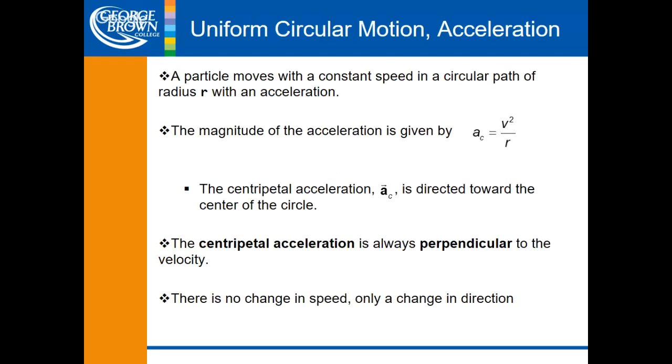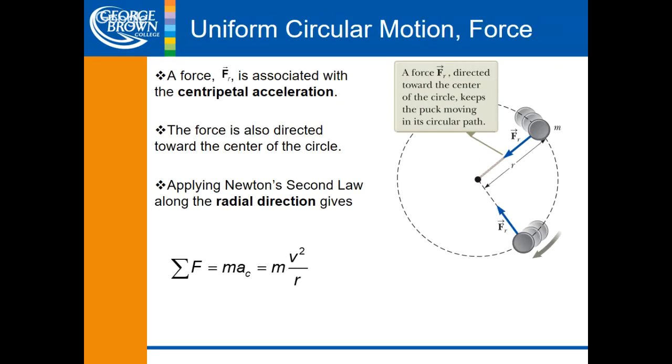So that means if I went to the next part, which is, hey, let's take a look at this uniform circular motion from a force perspective, right? And we're not talking Star Wars, the force. We're talking force, as in what we talked about last week. Newtonian physics, right? Force is equal to mass times acceleration. Well, if we know that acceleration is v squared over r, we can just substitute that, and that's what they've done here.